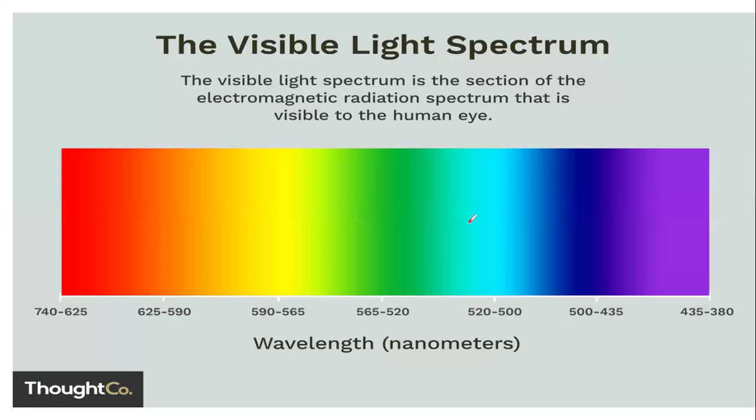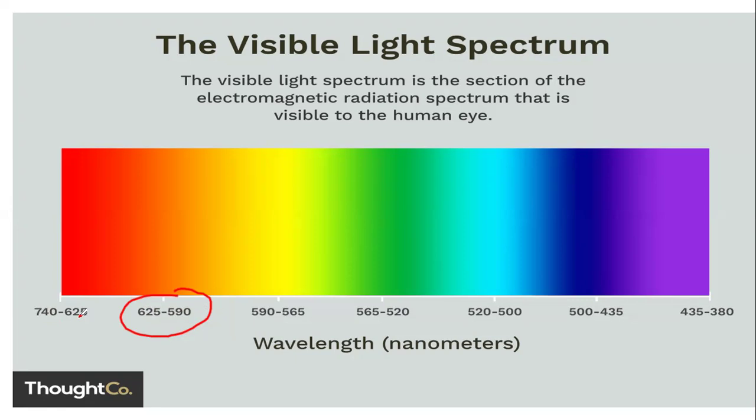So you have to know these ranges that you can see here. You have to know that from 625 to 590, that color should be orange, okay? Or from 625 to 740, that color should be red, okay? So they will ask you to find the wavelength. Then after you find the wavelength, they will tell you what color that is, based on the wavelength.